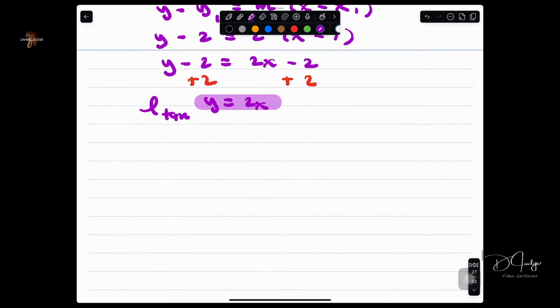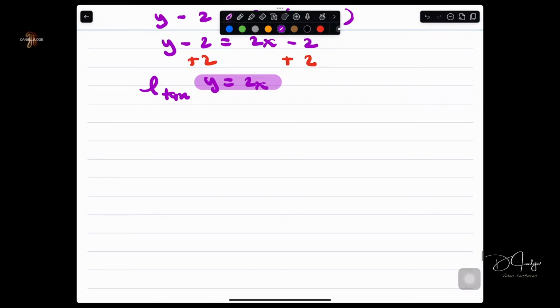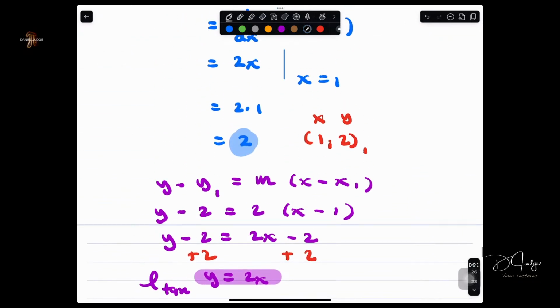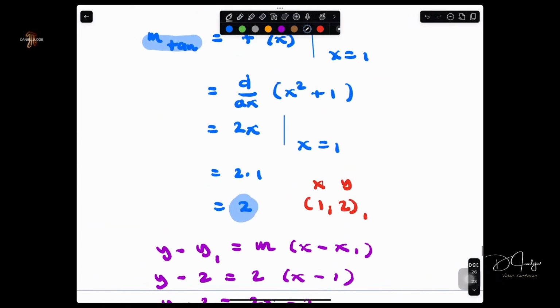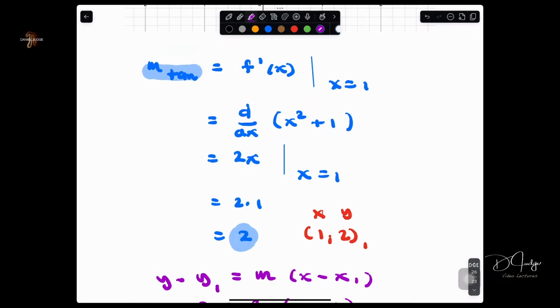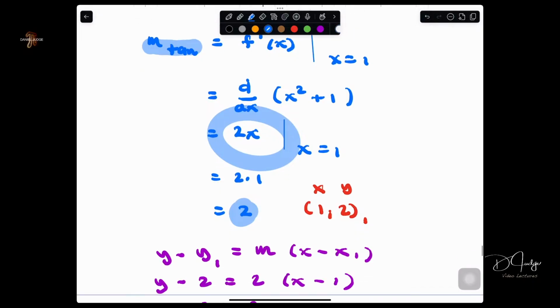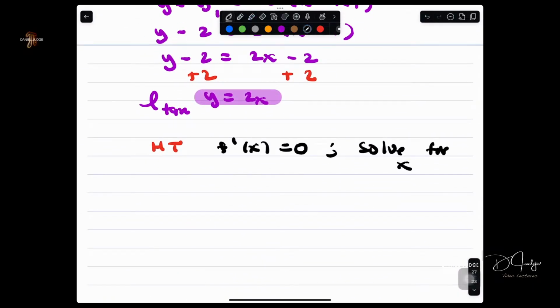Now we want m horizontal tangents again. I'll abbreviate ht for horizontal tangents. Remember, you set the derivative of the function equal to 0. Solve for x. So what's the derivative of the function? Well, right here. So if I set that equal to 0, 2x is 0.